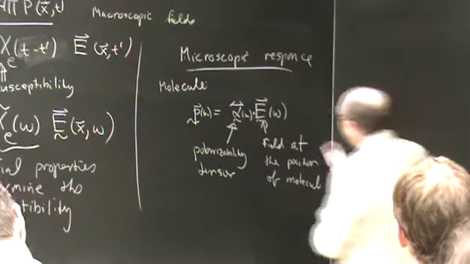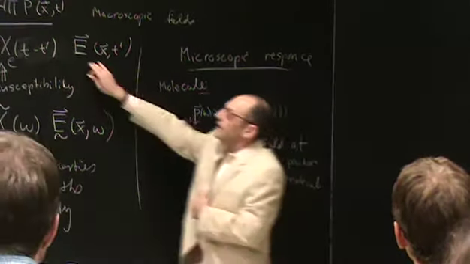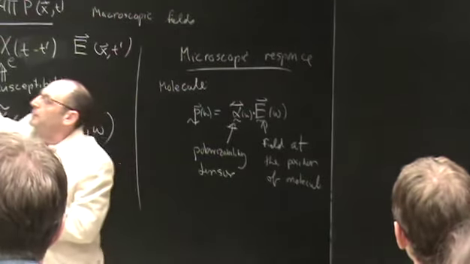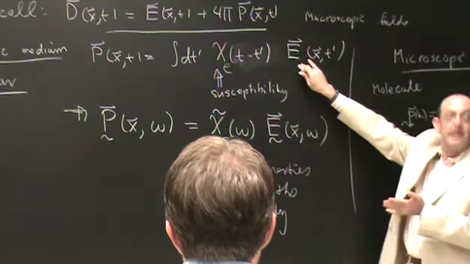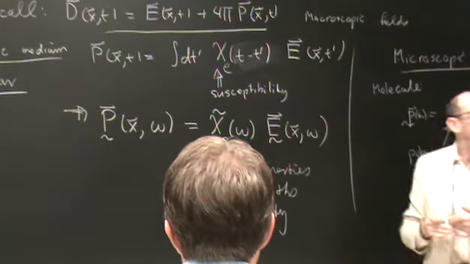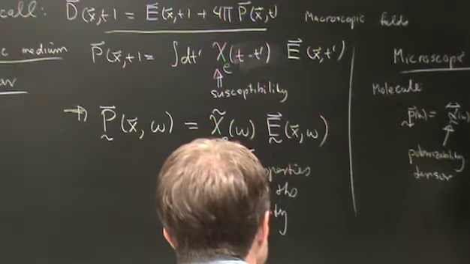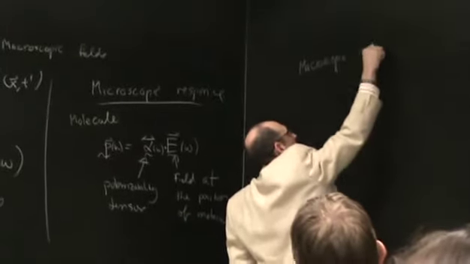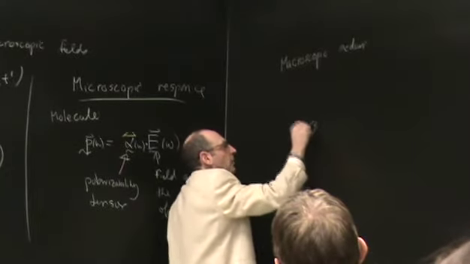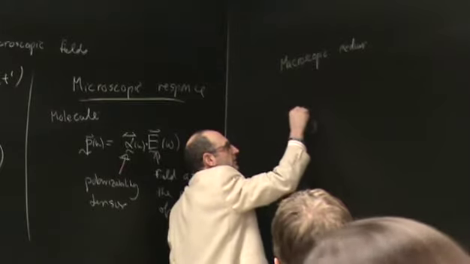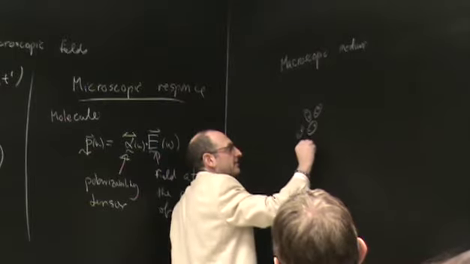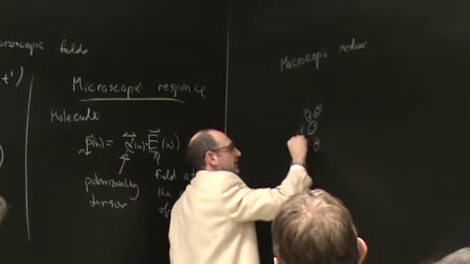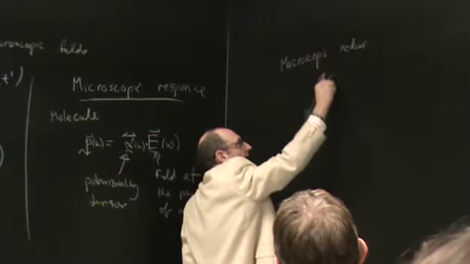Now generally speaking, when we talk about the relationship between the polarizability and the field, what we're talking about is whatever the field is. If I have a macroscopic media, then I have a whole bunch of dipoles that are being polarized somehow in the presence of some external field.